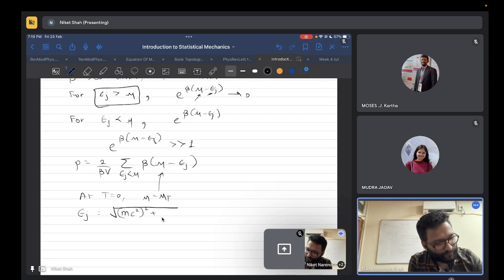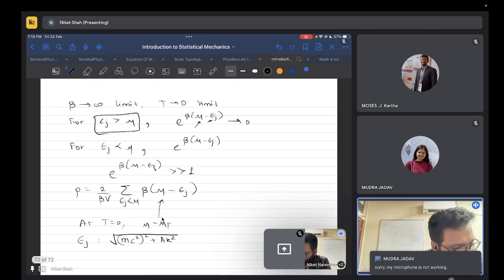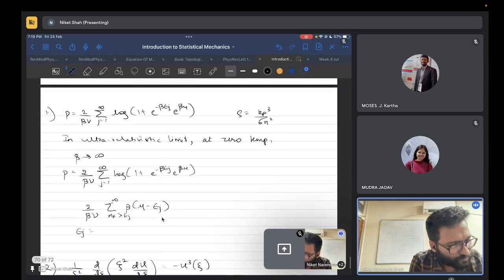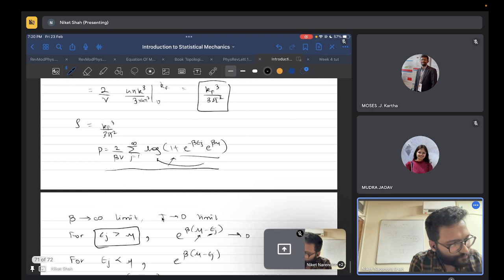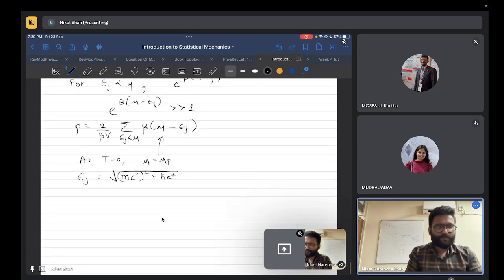h bar k square, right? Okay, your microphone is not working. That's okay. Fine. mc square the whole square plus h bar k square. I hope I'm not missing out on the expression somehow. I hope that's the correct expression.